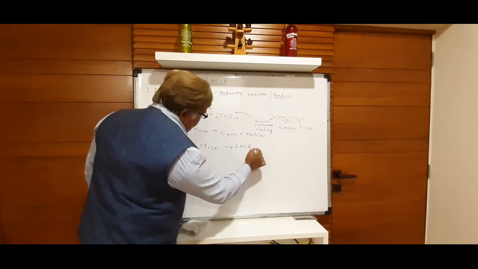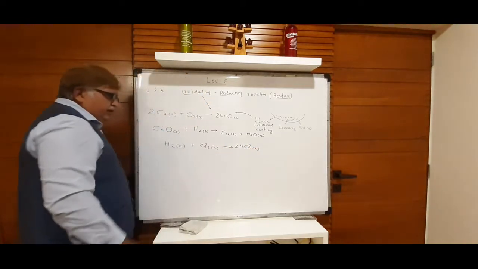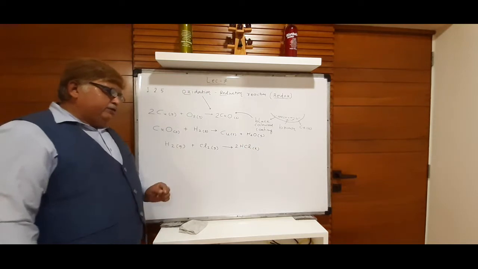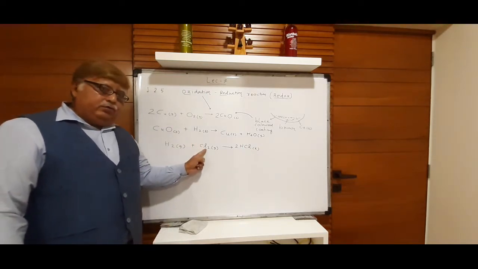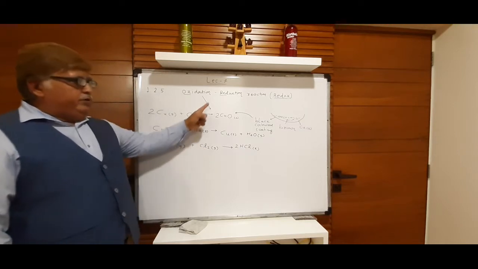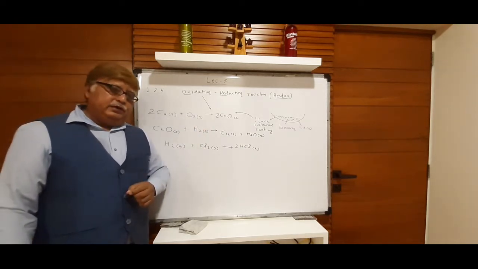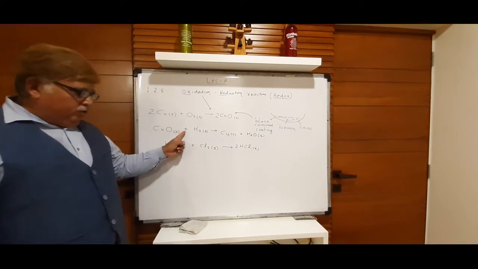Now what happens? May I call it a reduction reaction? Definitely, because hydrogen is added to chlorine, and as per the definition of reduction reaction, it is a reduction here.